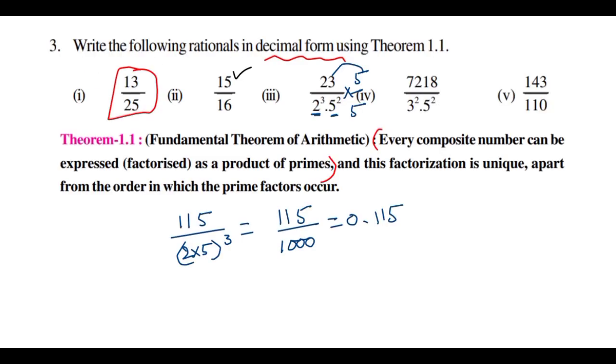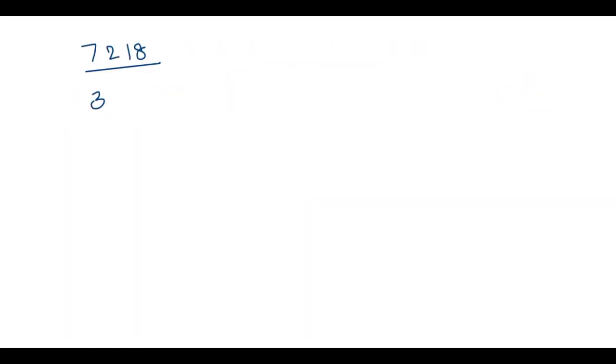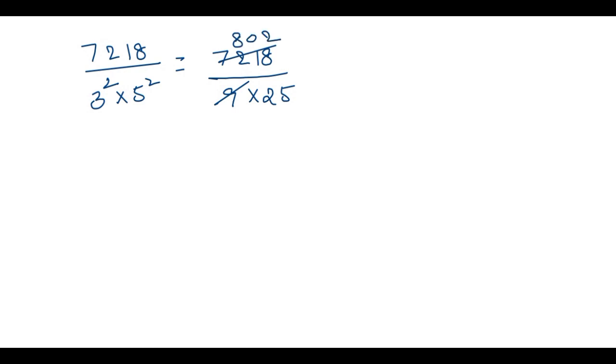And the fourth one, 7218 divided by 3 square 5 square. 7218 divided by 3 square into 5 square. 7218 by 3 square, which is 9, is 802, into 5 square. 9 8s are 72, 9 2s are 18.